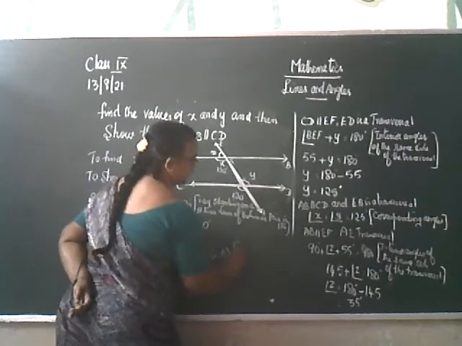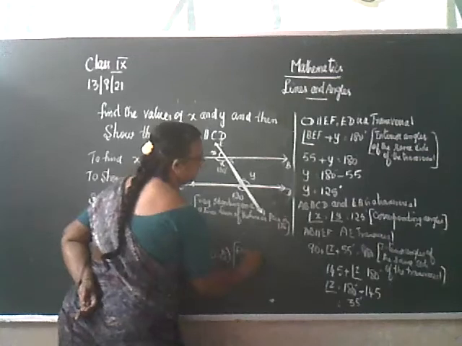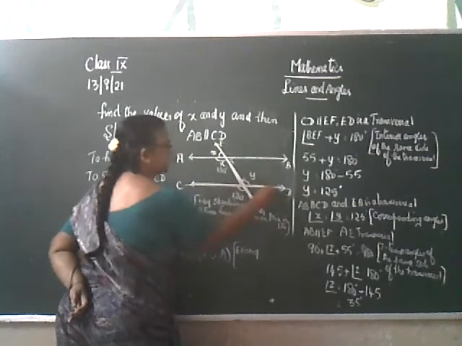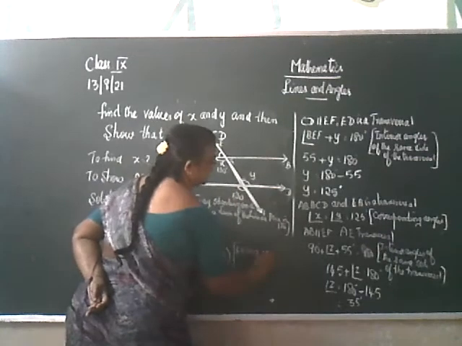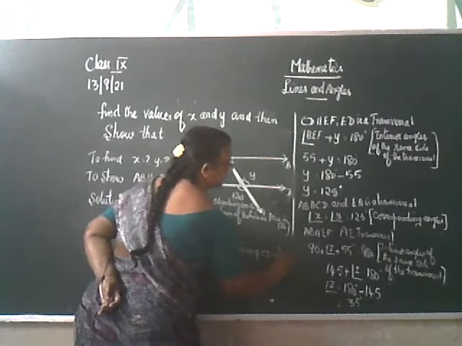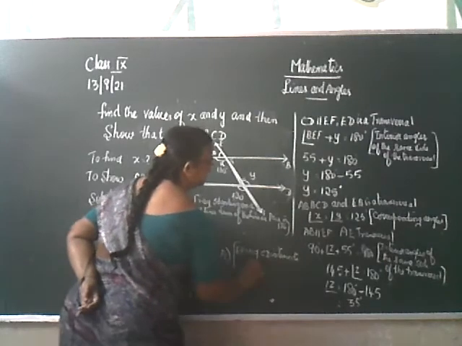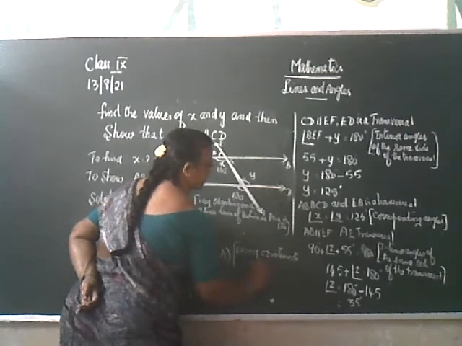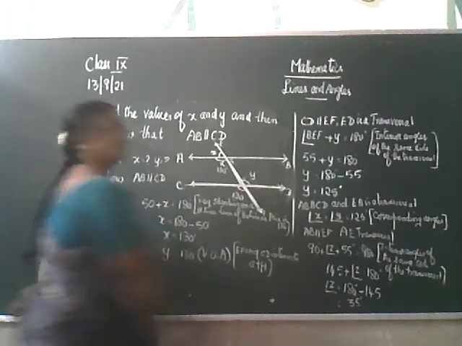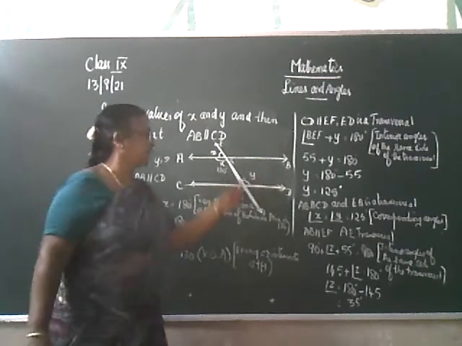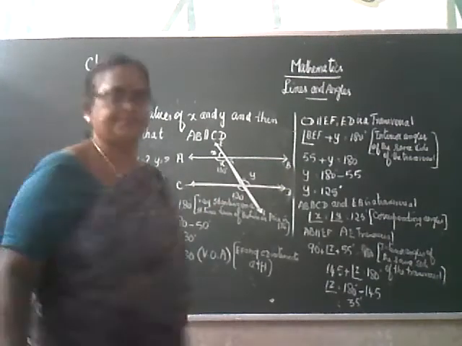So EF and CD intersect at H. Vertically opposite angles are equal. So these two are vertically opposite angles.